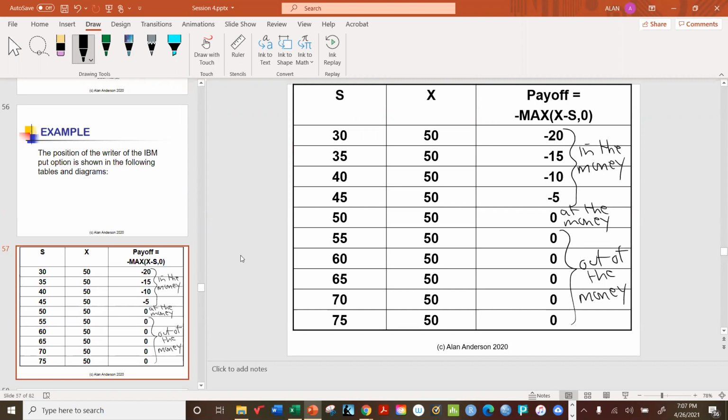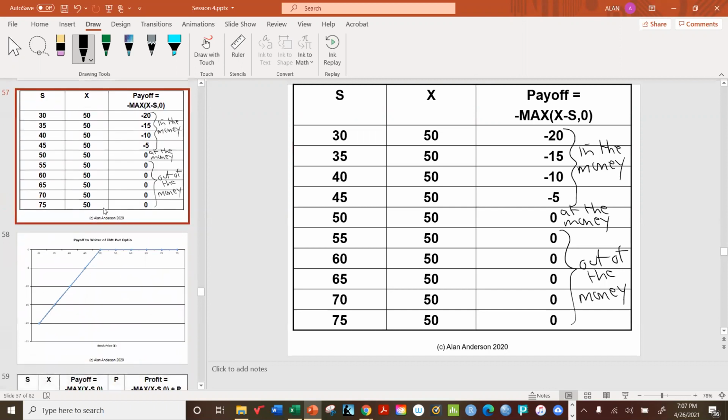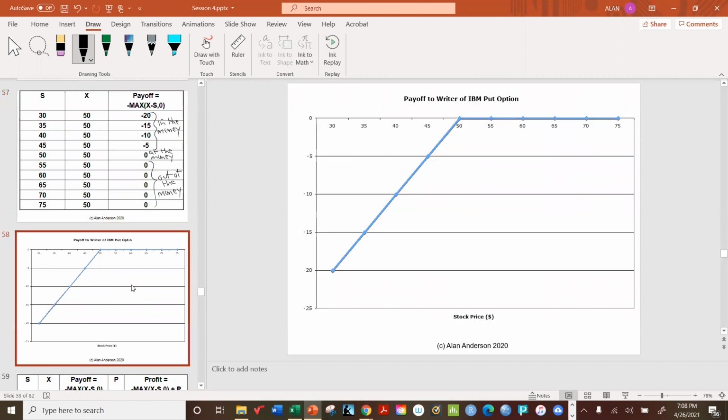And so you'll notice that here we also cannot have a positive payoff. Oh, that's pretty frustrating. Now you can see at the high stock prices, the payoff is 0, and then it drops off after that. So let's see what this thing looks like.